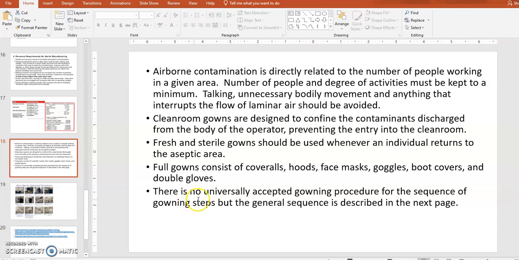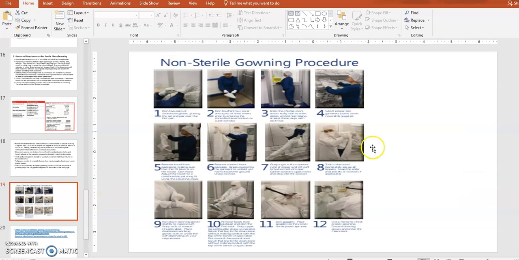There's no universally accepted gowning procedure for the sequence of the gowning steps, but the general sequence is described on the next page. One pair of gloves after you scrub, and shoe cover, and hairnet. You go into the gowning area.